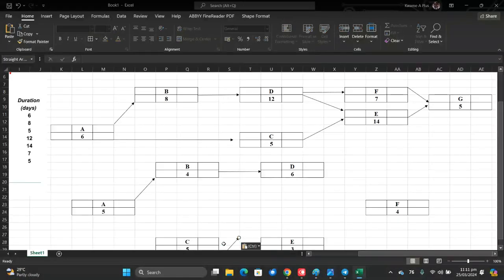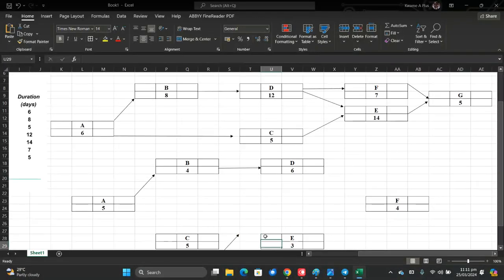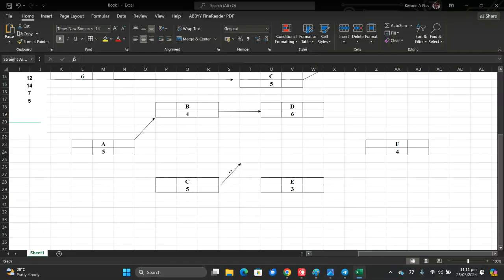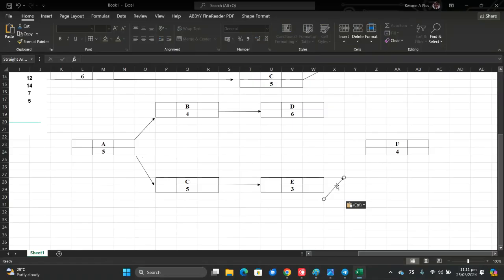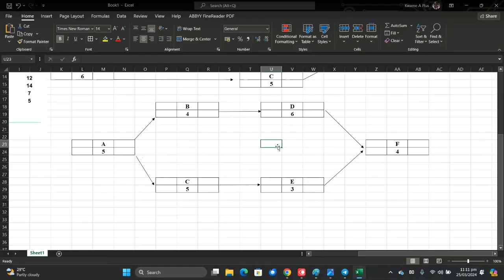Just like this. Yes, so this is how the diagram looks like.